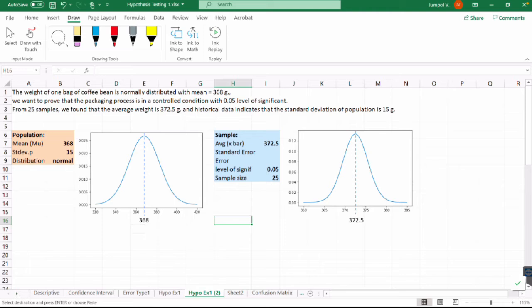We know that the mean is 368, and the distribution is normal. It looks like a bell curve, and then the standard deviation is 15. So it looks like this one.